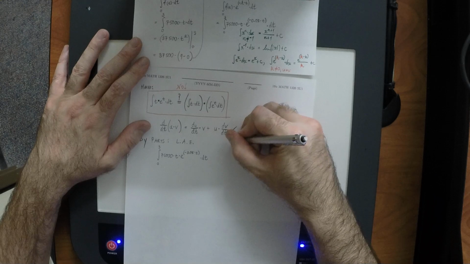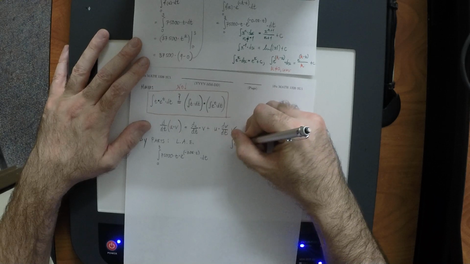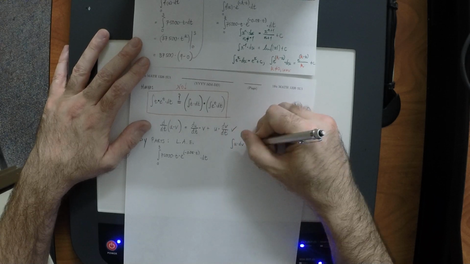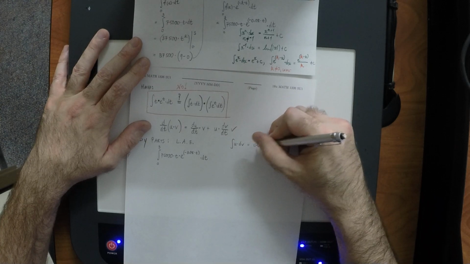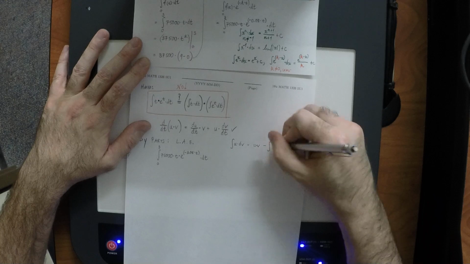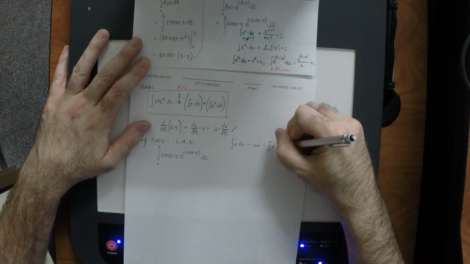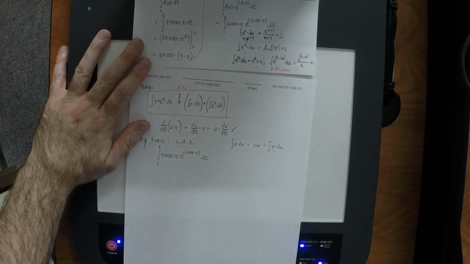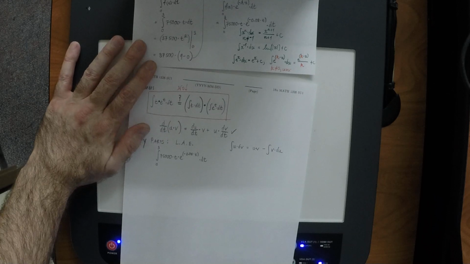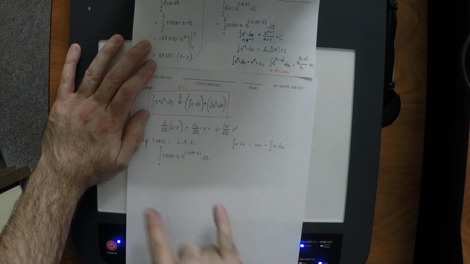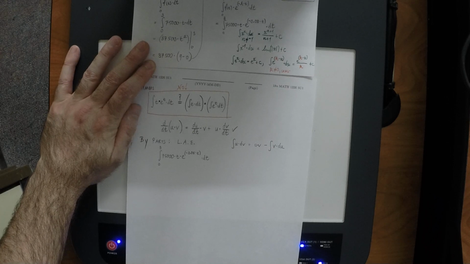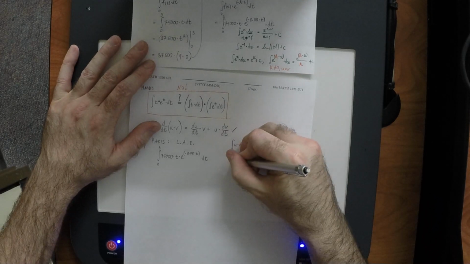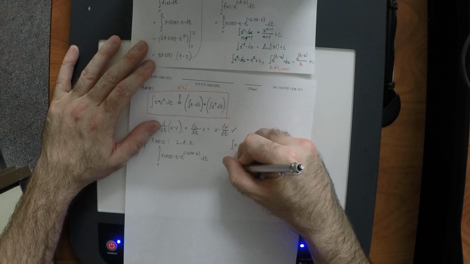The formula for antiderivative by parts is antiderivative u dv is uv minus antiderivative v du. That's when you're doing anti-differentiation by parts. But we're not doing anti-differentiation by parts. We're doing integration by parts because this is an integral. So you need to make sure that you understand that one as well.